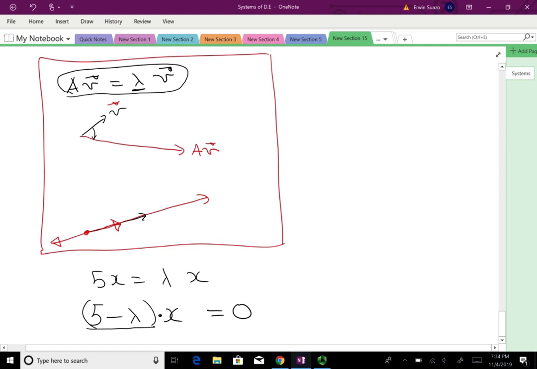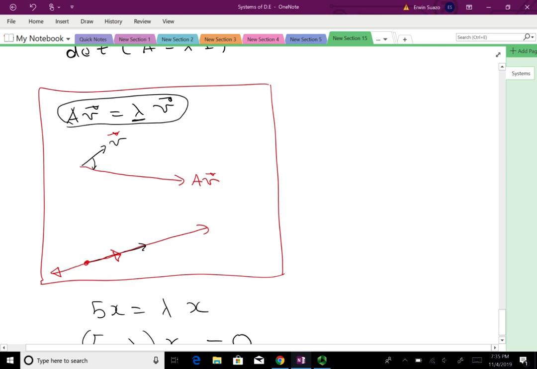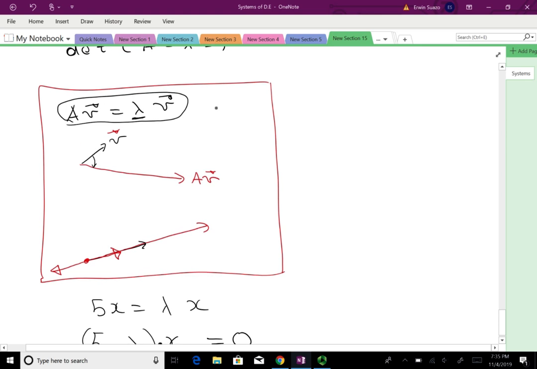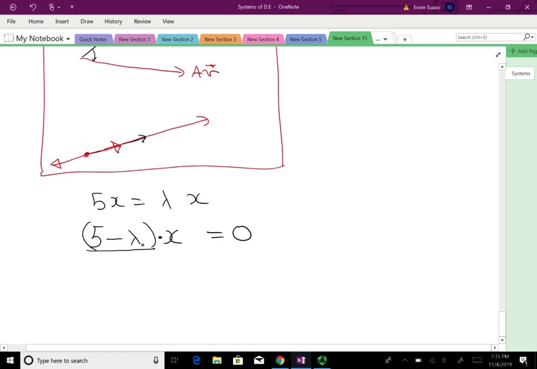But usually you don't want x equals 0 in these cases, you don't want the vector to be 0. So you have lambda equals 5. But there is some inversion thing involved here, when you can invert this.